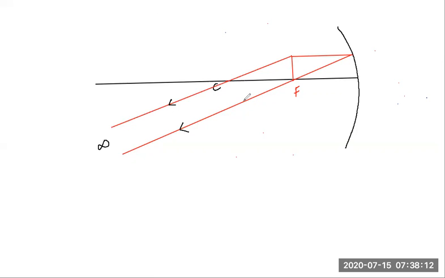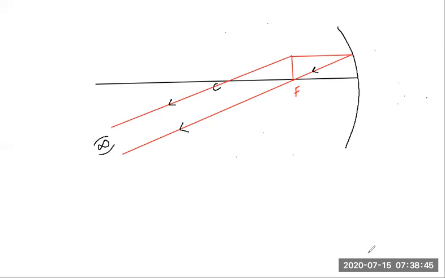First, the ray from the tip of the object parallel to the principal axis, this reflected ray, is basically meeting the ray from the tip of the object passing through C, but they are not getting intersected. So it is just saying that they will intersect at infinity, or in other words, the image will be at infinity. All right, guys.